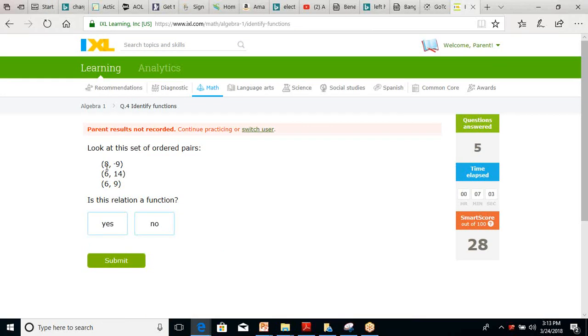So 8, minus 9, 6, 14, 6, 9. So for it to be a function, each x value has to be paired with only one y value.